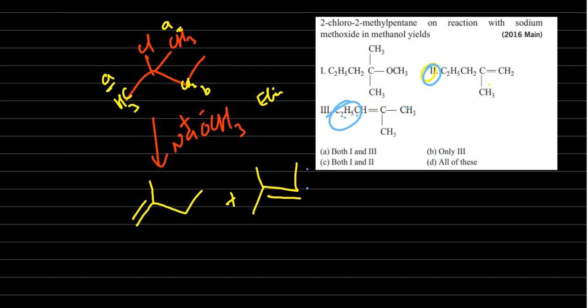Once again the number of carbons in pentane: 1, 2, 3, 4. Sorry, 2-chloro-2-methylpentane, yes, we have to take one more carbon extra: 1, 2, 3, 4, 5. Here also one more carbon extra, 1, 2, 3, 4, 5. Here the same, one more carbon extra. Now our products are second and third.